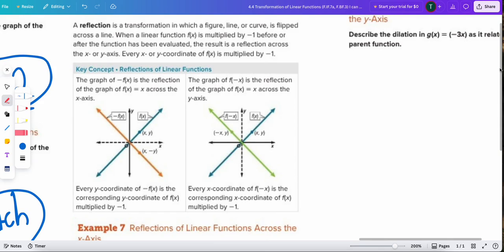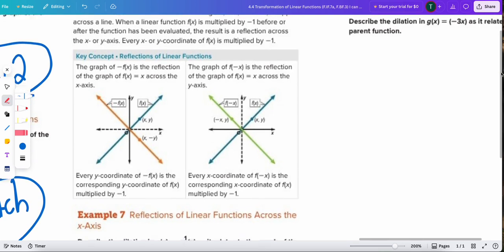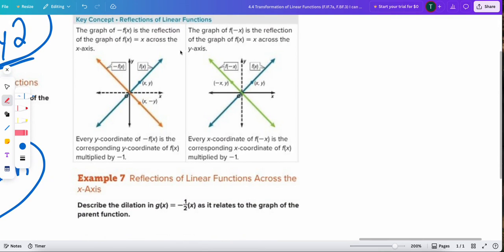Every x or y coordinate of f of x is multiplied by -1. So when it's on the outside here, it is going to be a reflection across the x-axis. And remember, I said when it's on the outside, it affects y. Well, if you look at our y's, they flip sign. Where when it's on the inside, I said it affects x. So when we reflect across the y-axis, it switched my x values. So it's still going to be that same process.